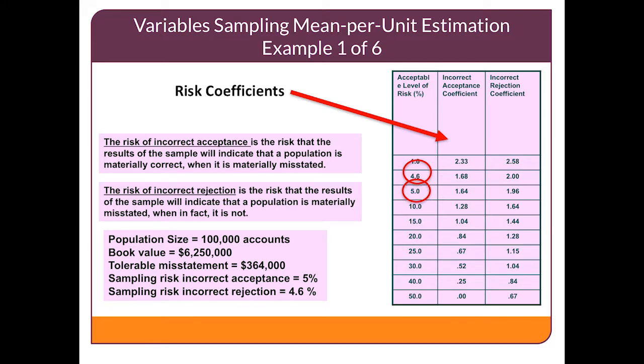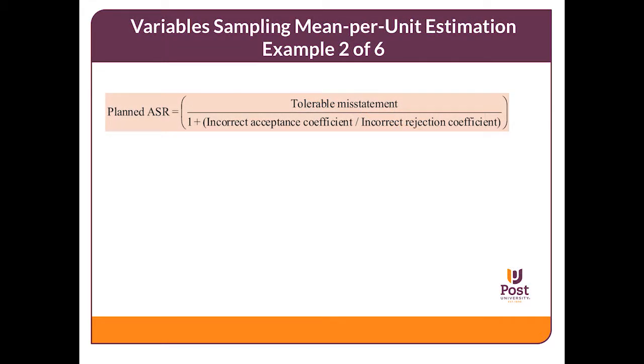These are 1.64 and 2.0 respectively. The planned allowance for sampling risk, ASR, is computed by dividing the tolerable misstatement by 1 plus the incorrect acceptance coefficient divided by the incorrect rejection coefficient.